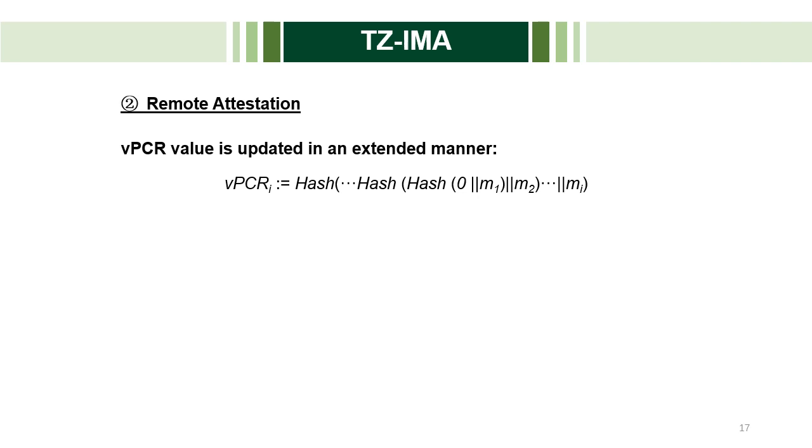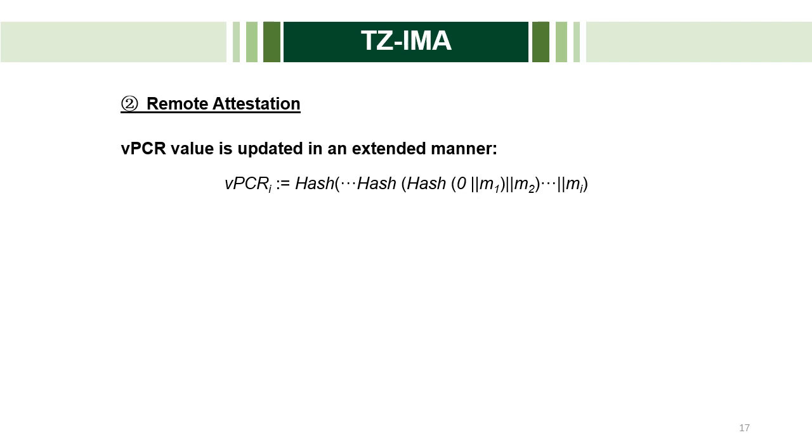Based on TrustZone provided by the ARM CPU, TZ-IMA leverages a Trusted Application (TA) to virtualize a vPCR model. vPCR is a 160-bit virtual register, which is set to all zeros when the computer is initialized.